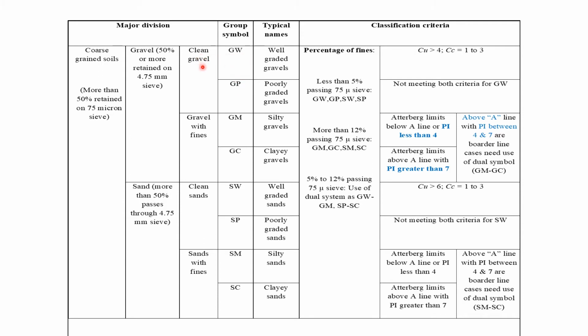GW, the clean gravel, means well graded gravels, and GP means poorly graded gravels. तो इसको दो पार्ट किया गया। Then gravel with fines, GM और GC. सिल्टी ग्रेवल्स, M सिल्ट को कहते हैं, G ग्रेवल को कहते हैं, सिल्टी ग्रेवल्स, क्ले ग्रेवल्स, GM GC दो पार्ट हमने कर दिया. Next we shall proceed further.